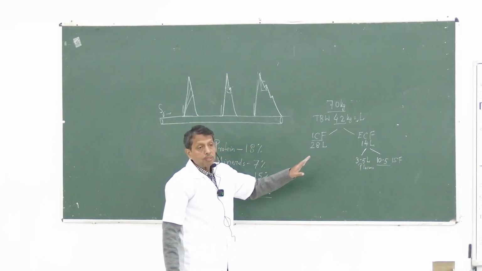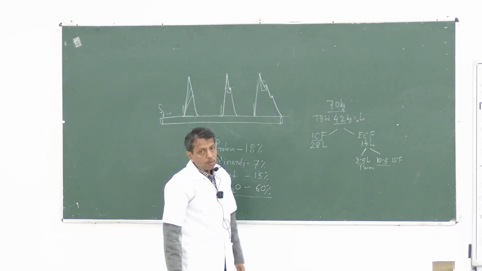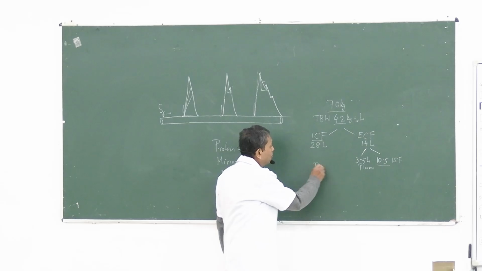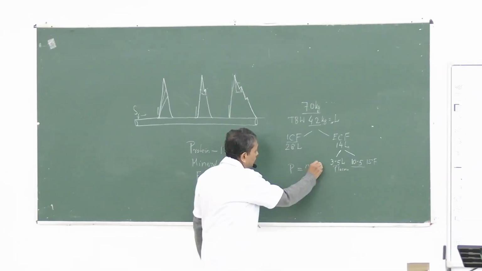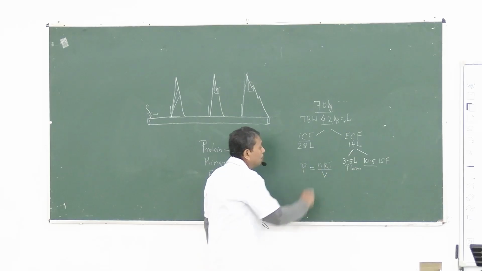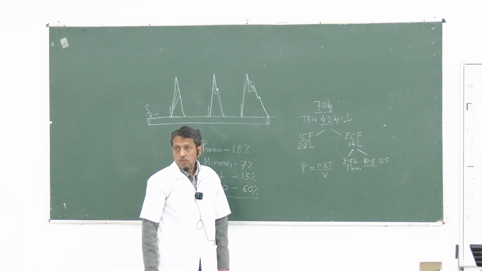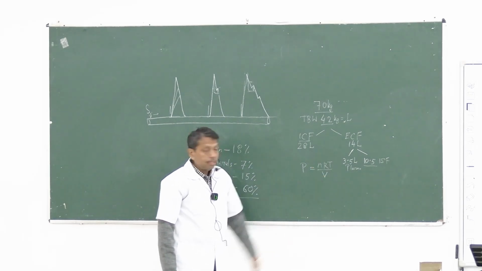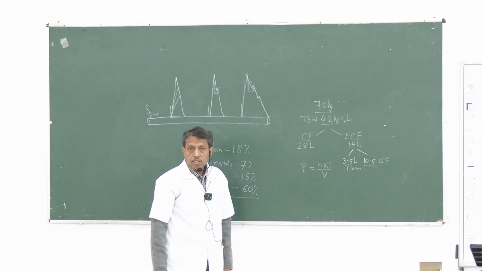And the formula of the gas also is applicable in case of osmosis. If T remains constant, then n by V is the concentration.